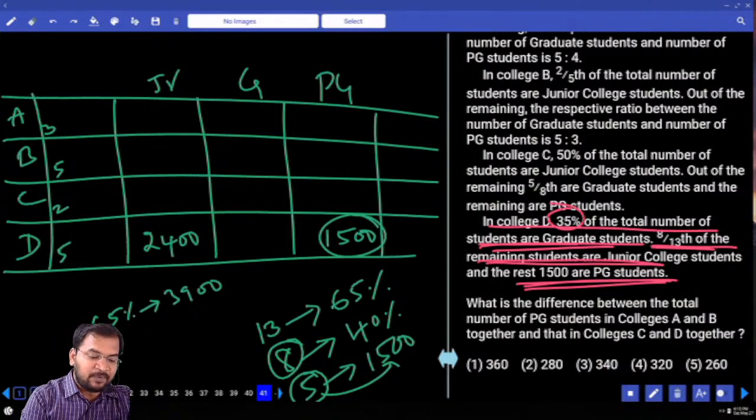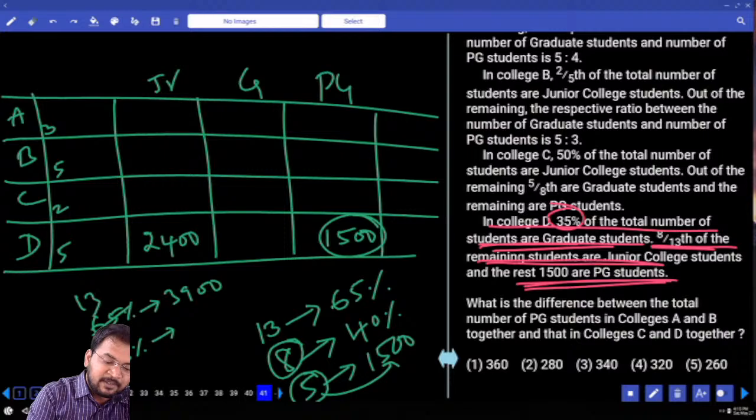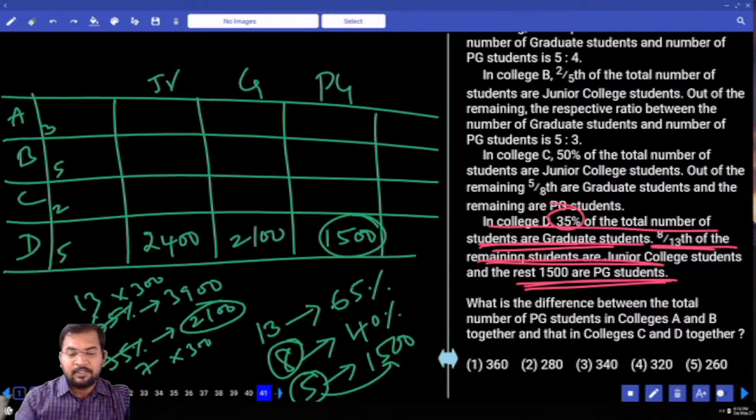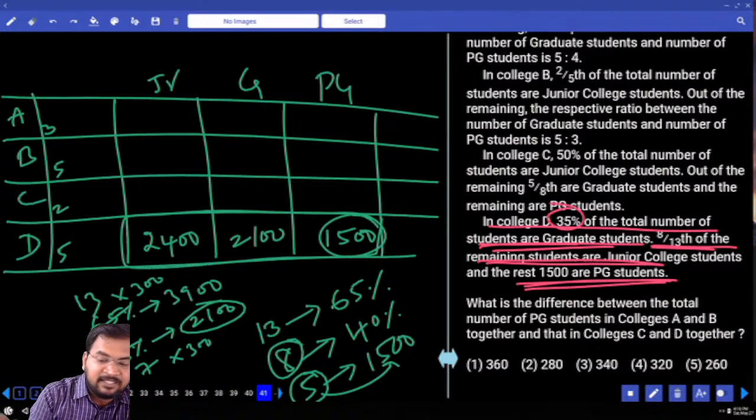Then 35% is graduates. 13 times 300 is 3900, so 7 times 300 is 2100. Therefore graduate students are 2100.